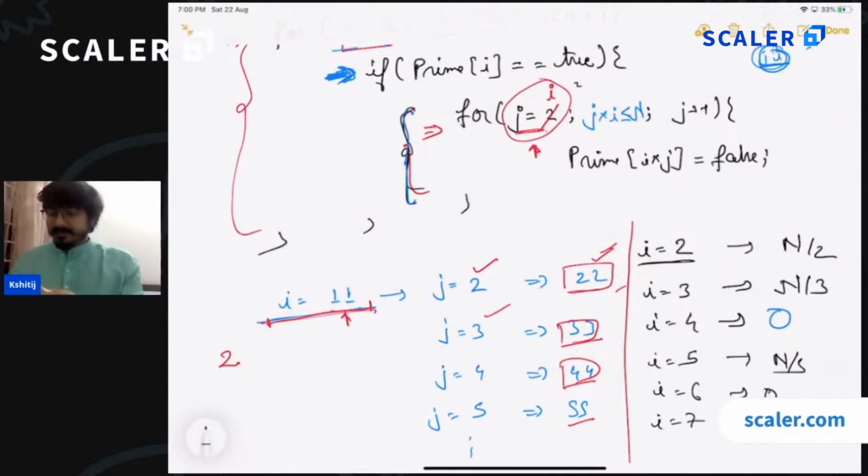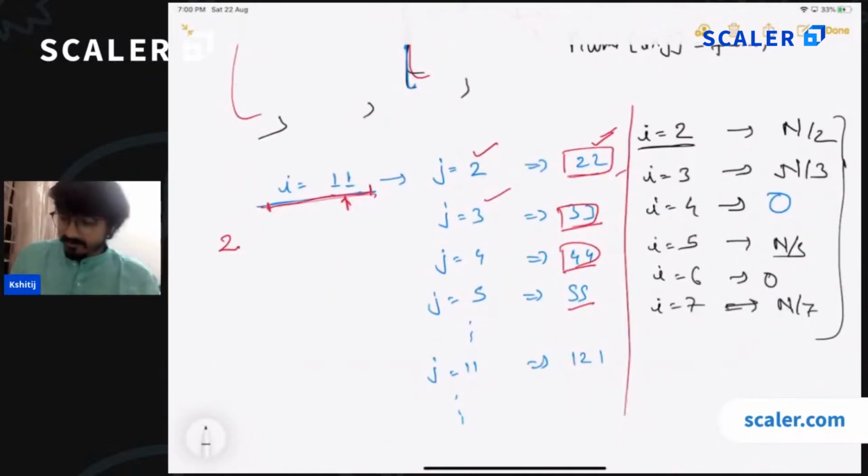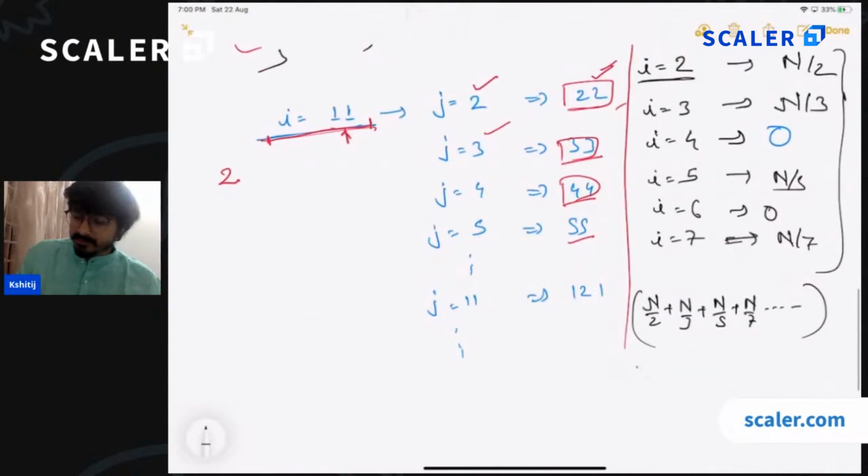So can you see a pattern here? If we have to add all these time complexities, what will we get? We'll be getting n by 2 plus n by 3 plus n by 5 plus n by 7 and so on. If you take n common, you get 1 by 2 plus 1 by 3 plus 1 by 5 plus 1 by 7 plus 1 by 11 plus 1 by 13 and so on.